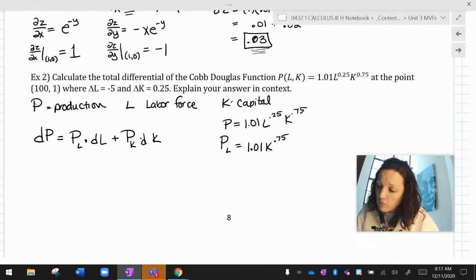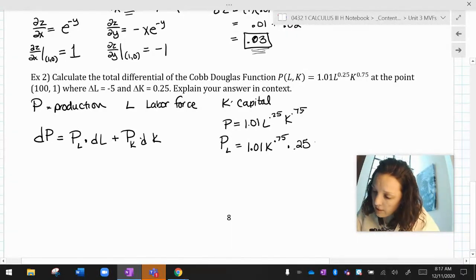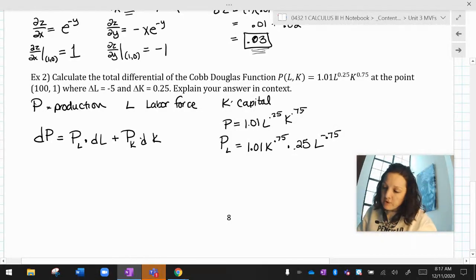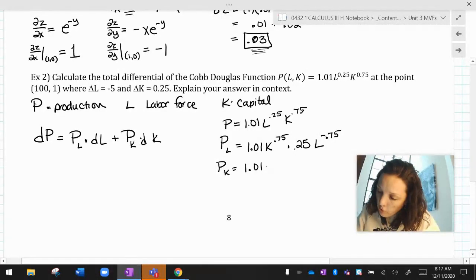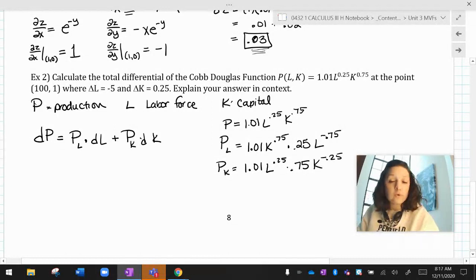I'm just going to use the power rule. So I'm going to bring down the power and then reduce it by 1. So there's P sub L. And P sub K would be 1.01 L to the 0.25 times 0.75 K to the negative 0.25. Just another power rule.